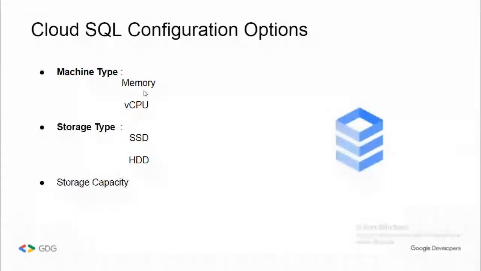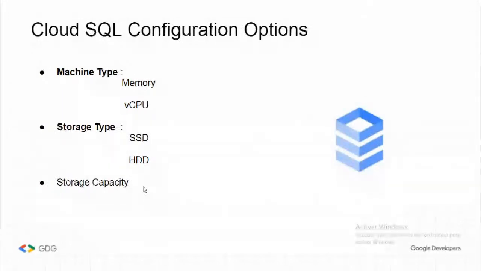You can also choose the storage type between solid state and hard disk drives, depending on latency, queries per second, and cost requirements. And then you can set storage capacity. Here, higher storage capacity leads to better performance.